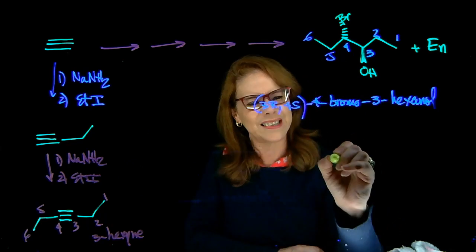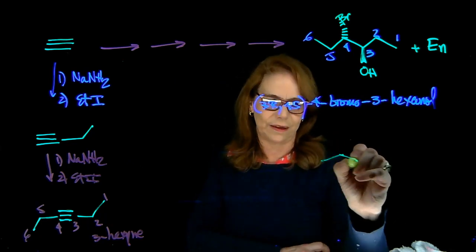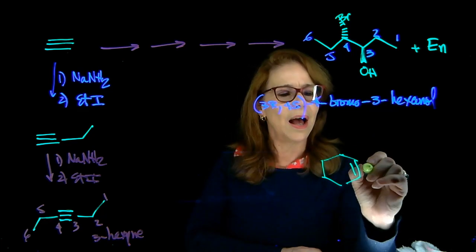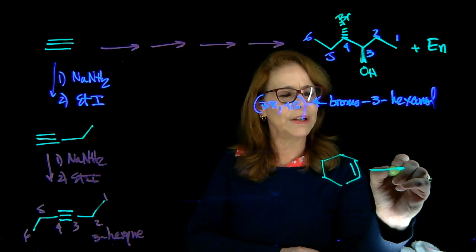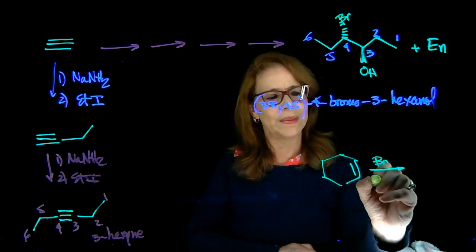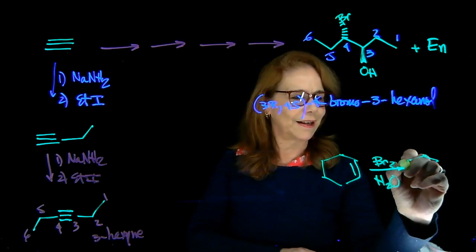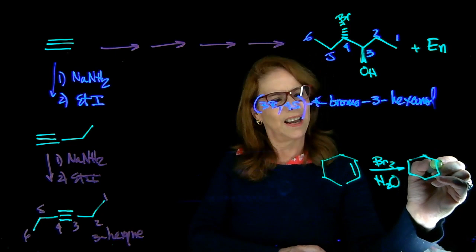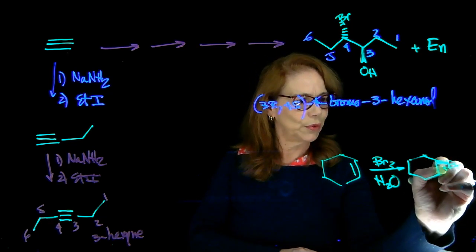We know that if we had an alkene, and say that I start with cyclohexene as an example, and treat it with bromine in water, this reaction goes via a bromonium intermediate, that is a plus sign, okay?